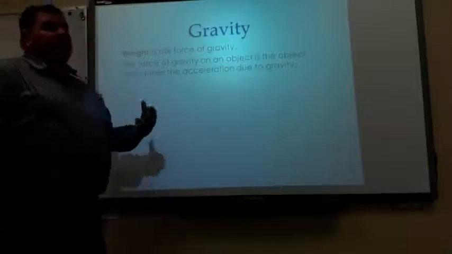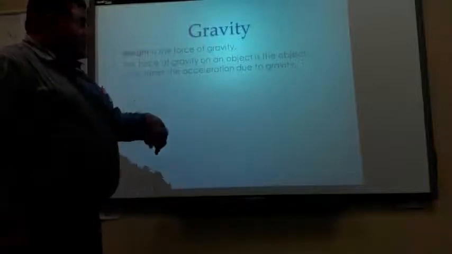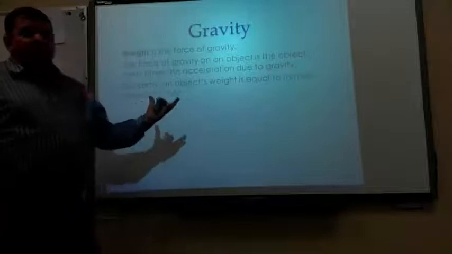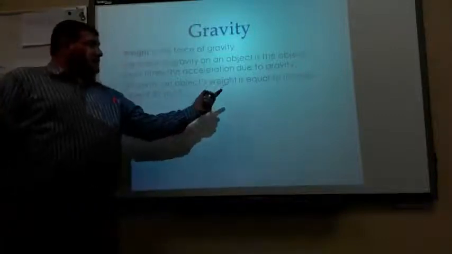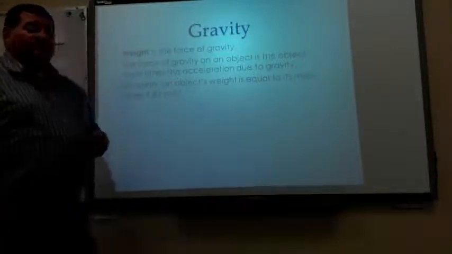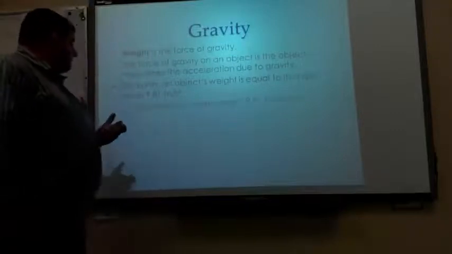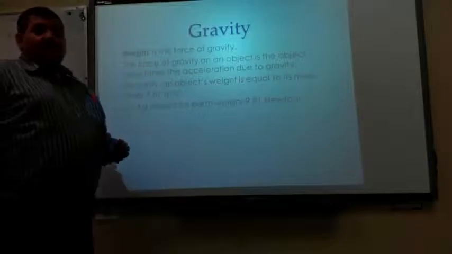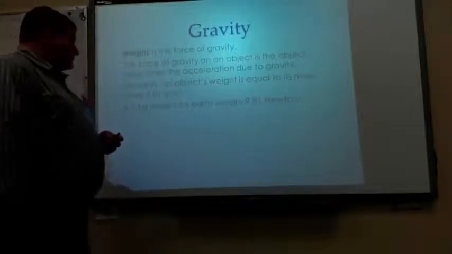Here on Earth, 9.81 meters per second squared down. There you go. So the weight of an object in newtons is its mass in kilograms times 9.81 meters per second squared. A 1 kilogram object has a weight of 9.81 newtons.